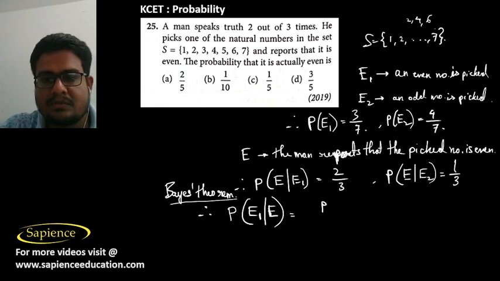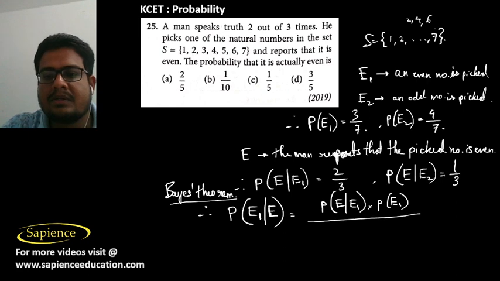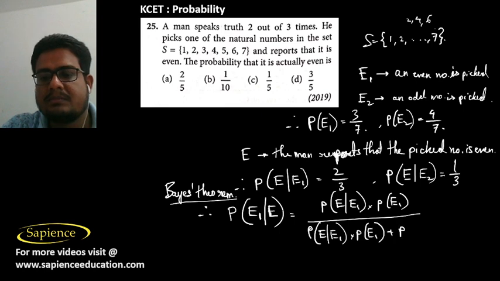So this will be P of E given E1 into P of E1, divided by P of E given E1 into P of E1 plus P of E given E2 into P of E2.